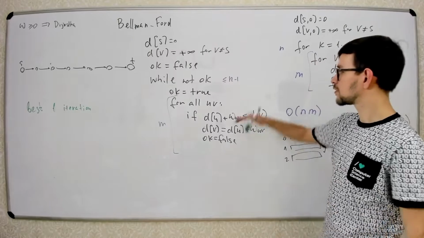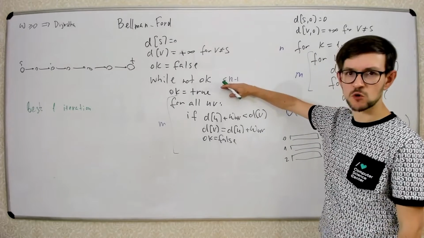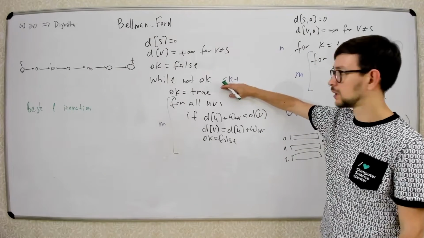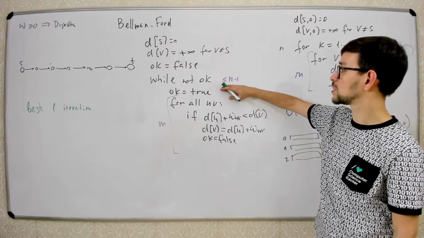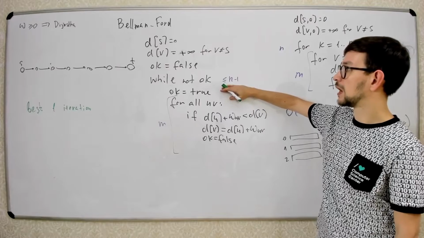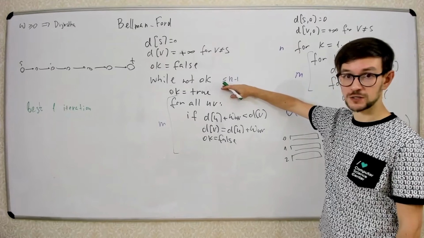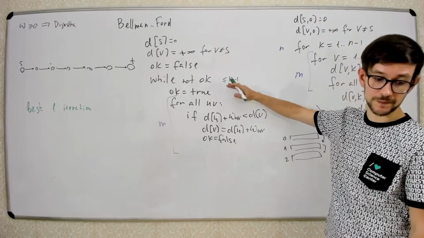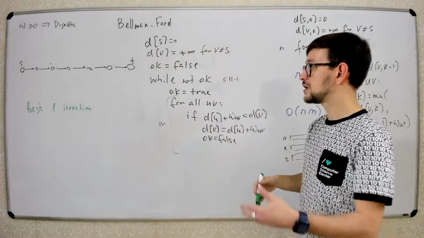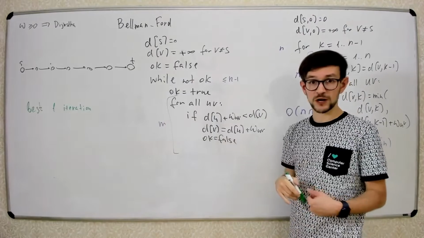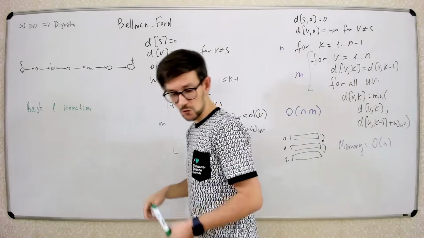Here I claim that the number of iterations is at most n-1. I want to check that it's actually, maybe it's better, maybe we're just always lucky. Maybe there is no such case when you actually need n-1 iterations. Yes, if you apply this operation in reverse order, so if you apply these operations from right to left, then again, what will happen?